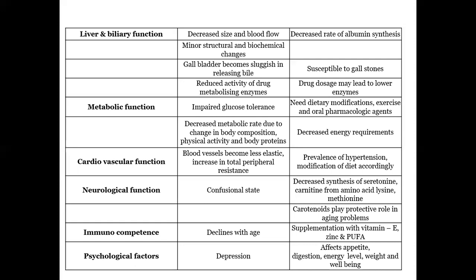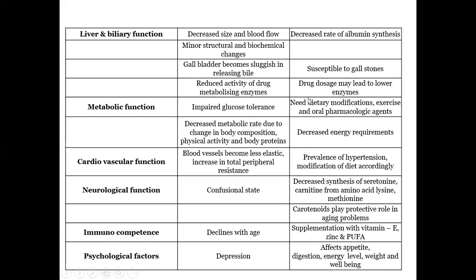Then metabolic functions can lead to impaired glucose tolerance. That is, there is a chance of developing diabetes, because the glucose is not well absorbed in the system. Because of that, there are chances of diabetes or impaired glucose tolerance.